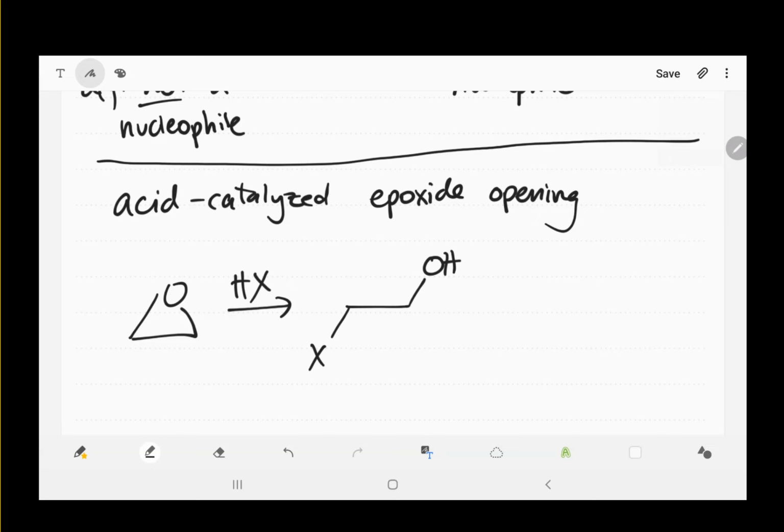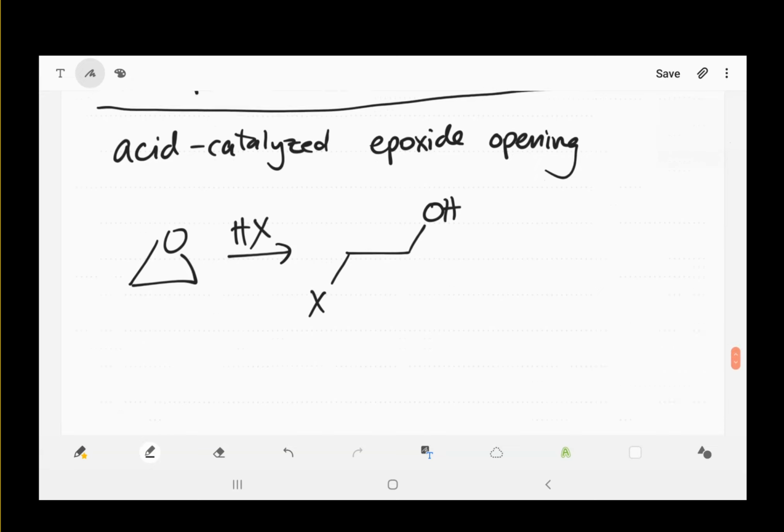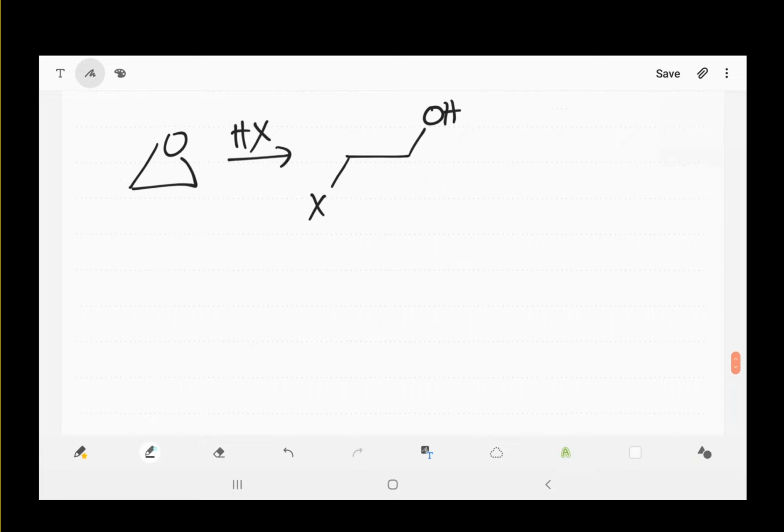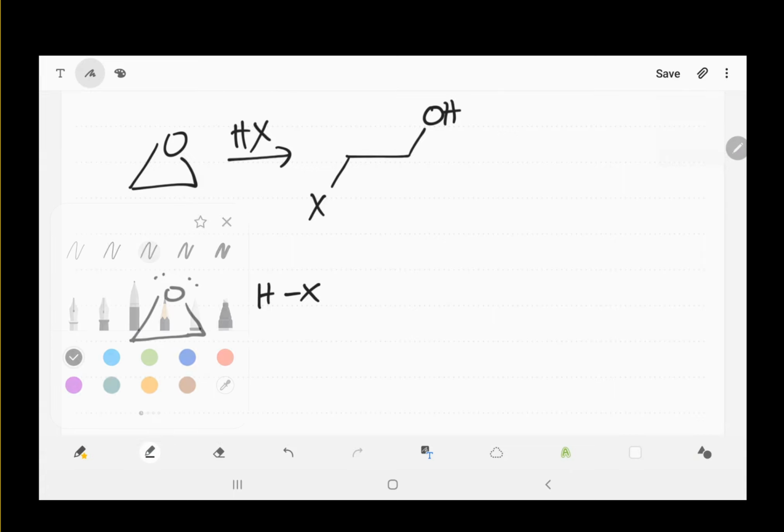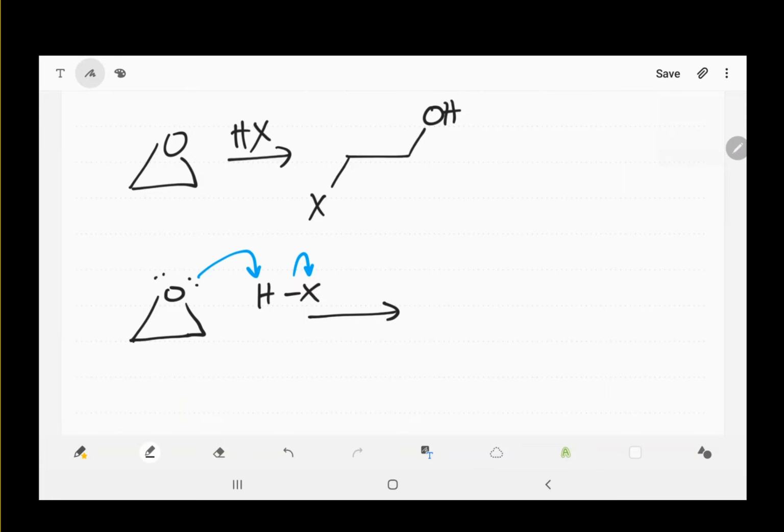So how this mechanism works is you've got HX. You're going to go ahead and protonate your epoxide. And so now you have this little thing.